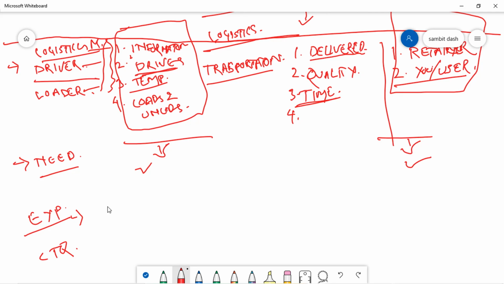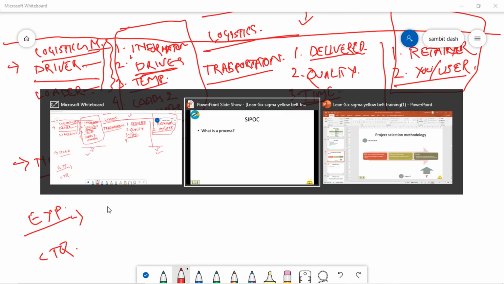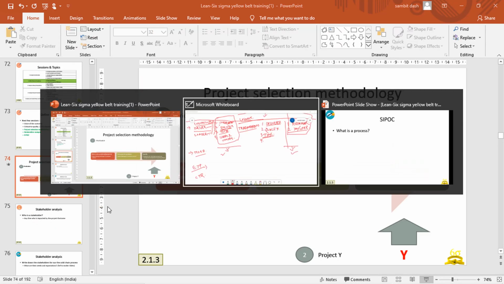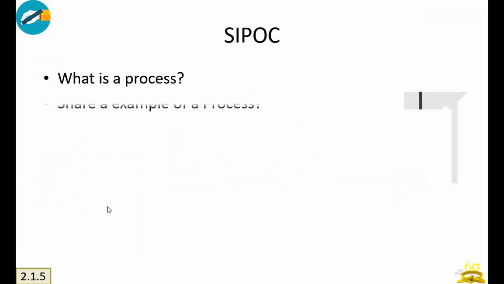I should not go behind, open the chamber, check the temperature, and change it if it is too low, right? That kills my time also. So that's what can be a driver's needs and expectations, right? So that's how you do a stakeholder analysis at a process level.